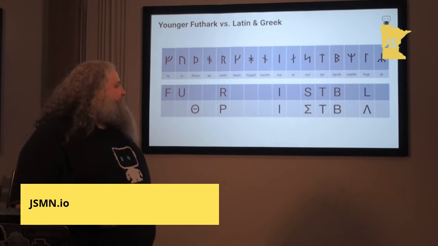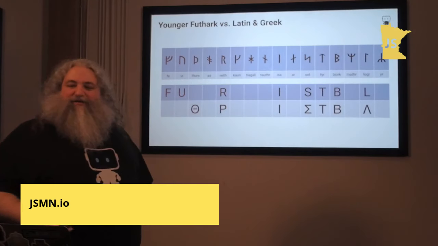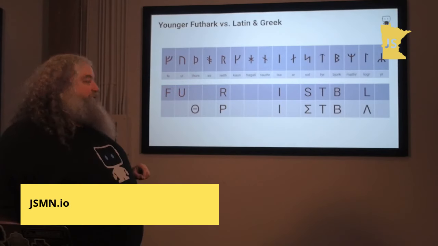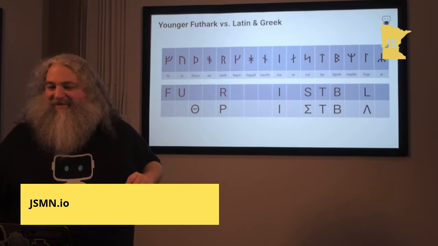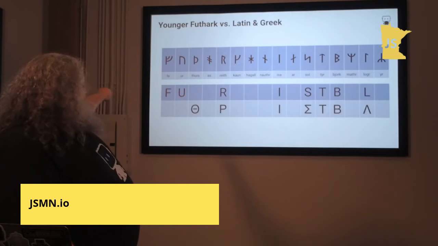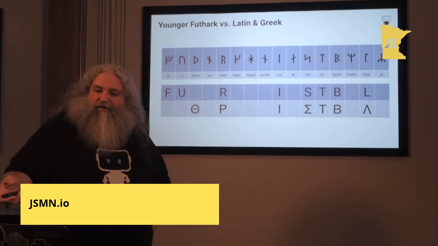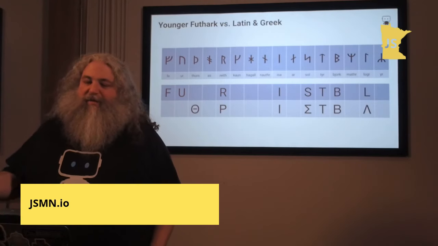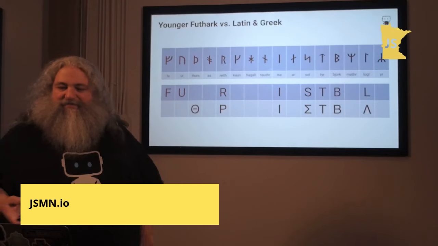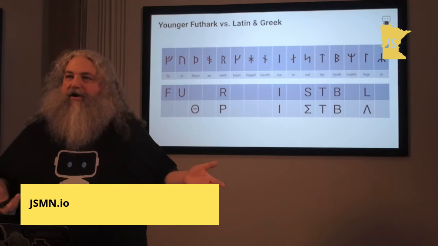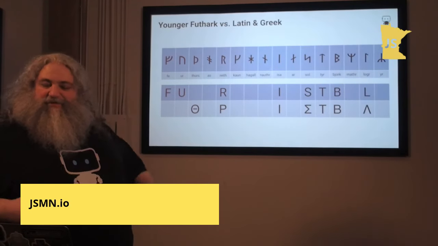You might notice when you look at these characters that some of them look familiar. Like if you look at Bjork in particular, it's the one that looks like a B. And the middle line here is the Latin letters where they're kind of similar. So if you look at Fe, it looks kind of like an F. You can see how it might have been a U, it's just been flipped upside down. Wreath is clearly an R. So there's lots of similarities here.